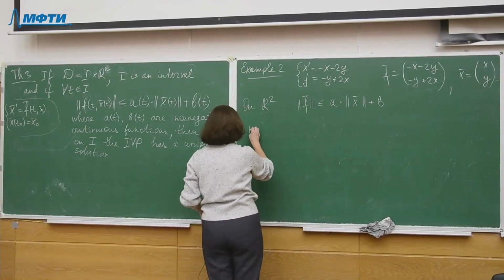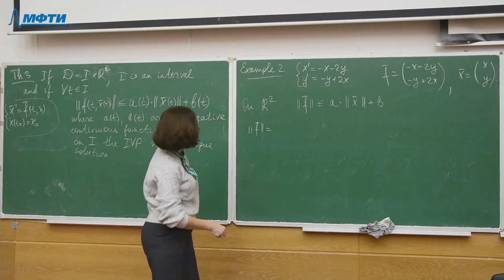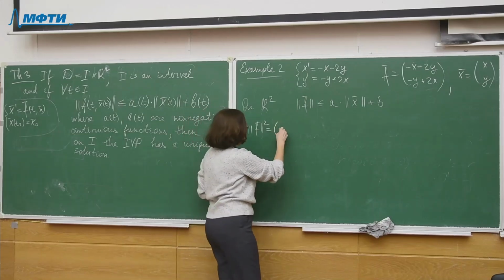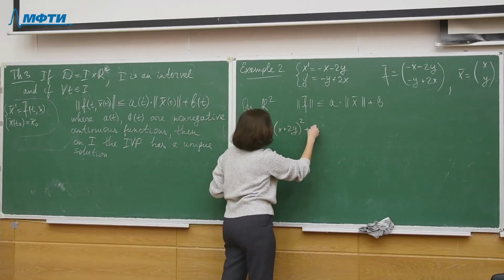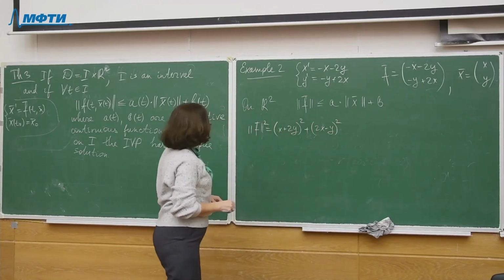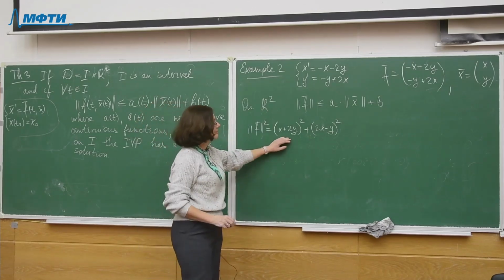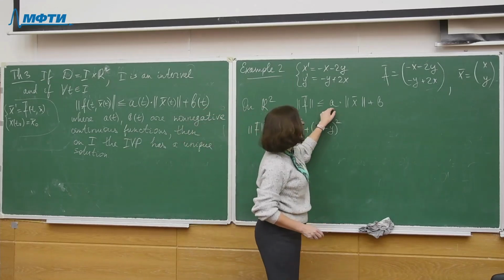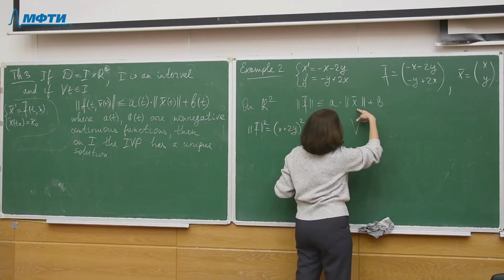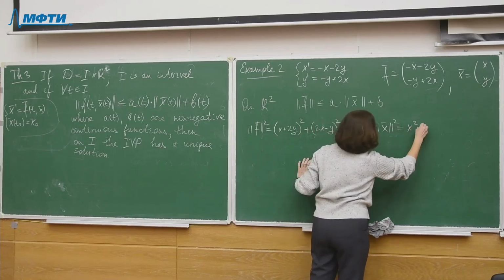So what is the norm of f squared? It is (x plus 2y) squared plus (2x minus y) squared. I'm trying to find a and b. I want to compare these with the norm of x squared, which is x squared plus y squared.